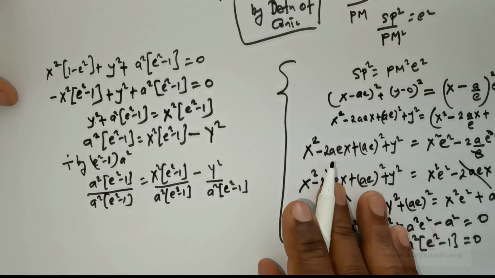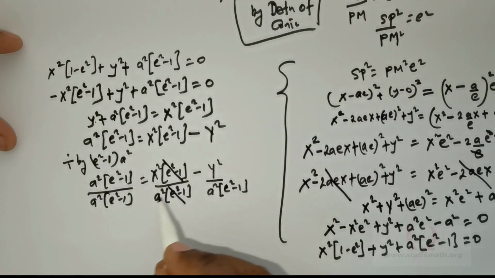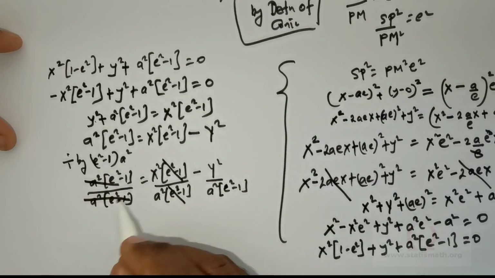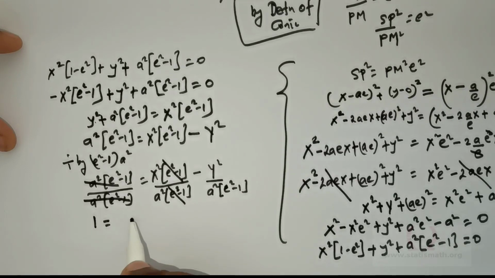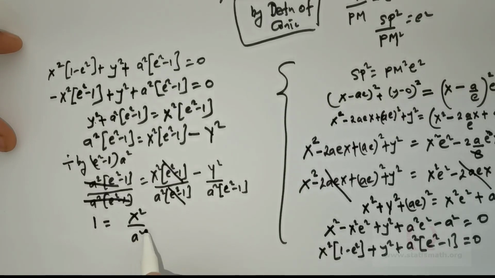Now e squared minus 1, e squared minus 1, these terms get cancelled, giving me 1 is equal to x squared over a squared minus y squared divided by a squared of e squared minus 1.